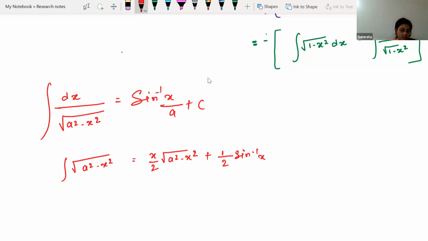Actually, there is a process to do this integration, but without the process, we can directly use the formula also. I am checking whether you have those formulas. If you have them, then we will directly write the result over here.